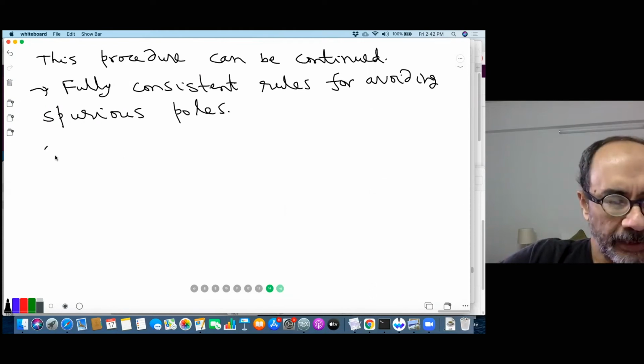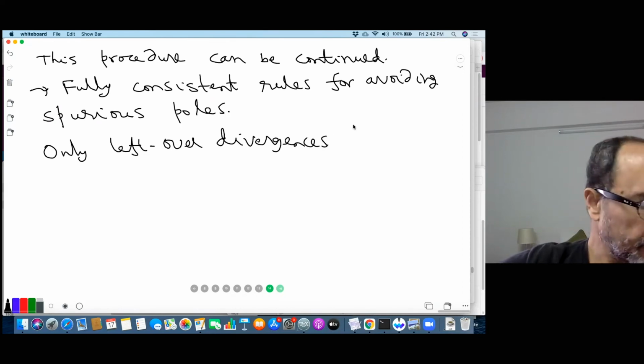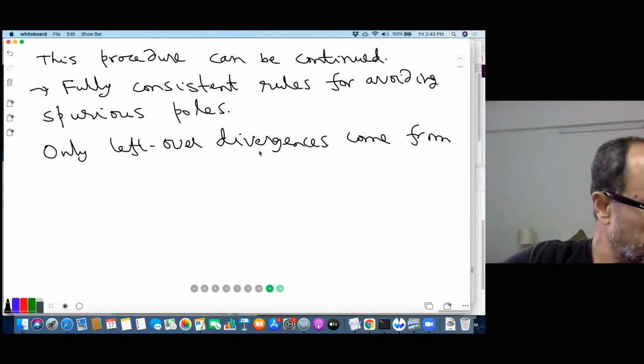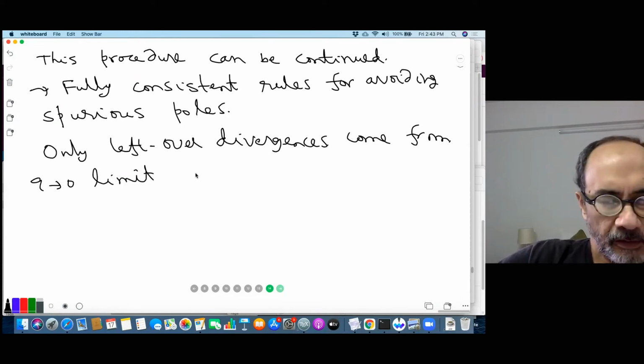And now the only leftover divergences come from the q goes to 0 limit of some plumbing picture variable.